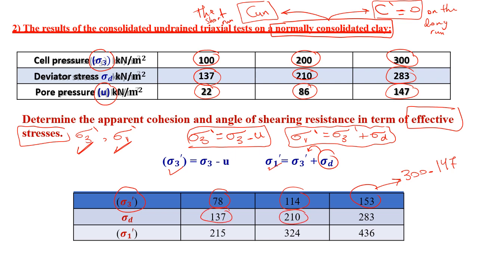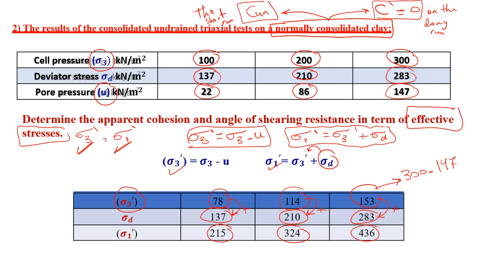There is no sigma d prime, it's one value. So if you add the value of sigma 3 prime to sigma d, you will have the value of sigma 1 prime. Now you have the values of sigma 3 prime and sigma 1 prime for the three tests.